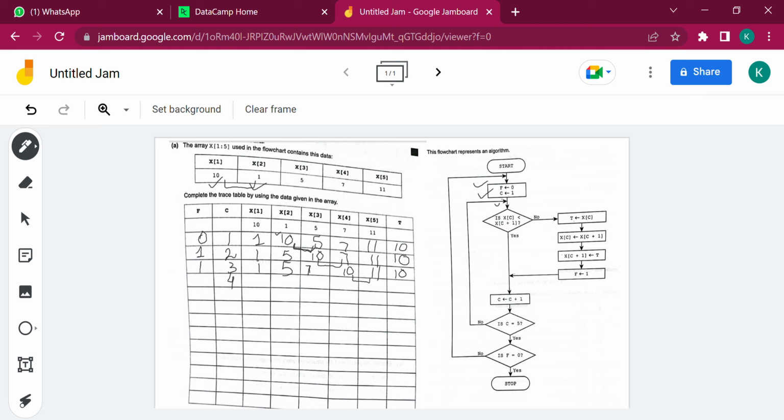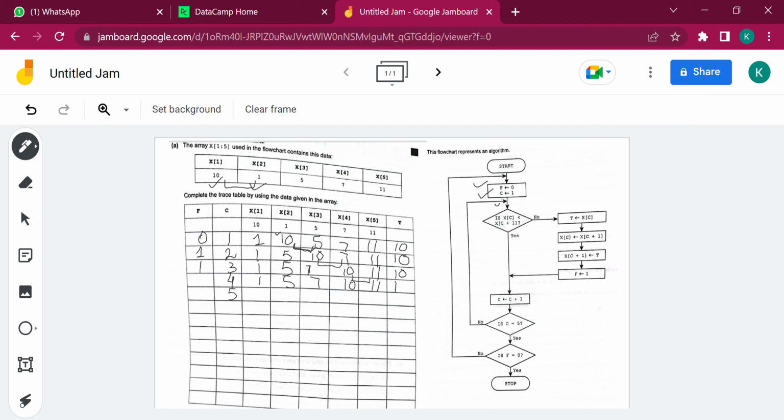Yes, 10 is less than 11. So we are flowing through this line. c is equal to c plus 1, so it's now 5. The rest of the line will remain as it is.